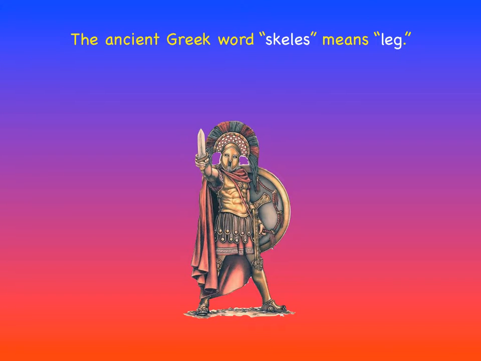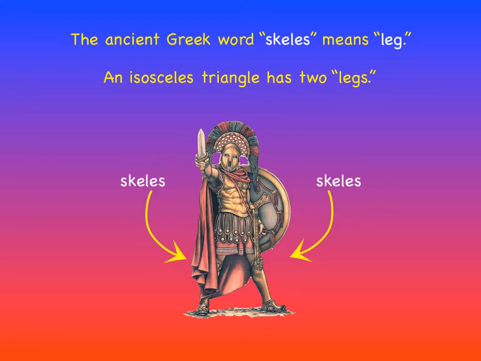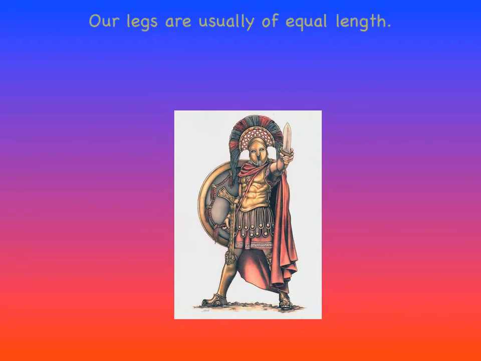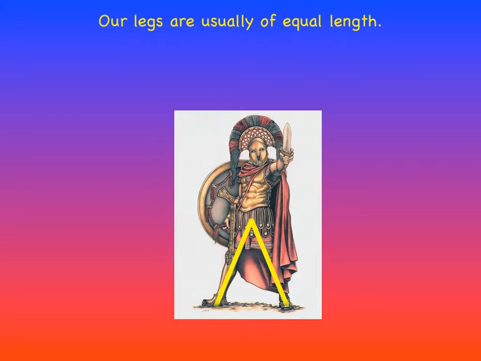The ancient Greek word skeles means leg. An isosceles triangle has two legs. Our legs are usually of equal length.